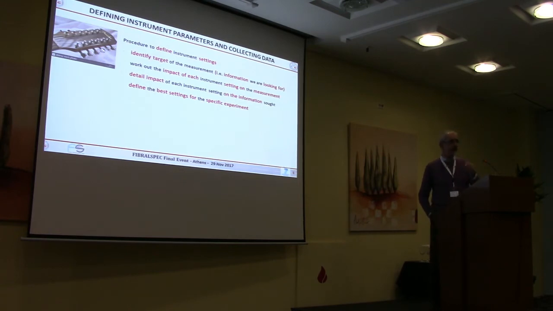If you are looking for more details, you change the magnification, so you might change the instrument parameters. And you should be aware of how each instrument setting will impact the output in order to select and define properly. And once you have learned all about this, you focus on your specific experiment, and you define the best setting.